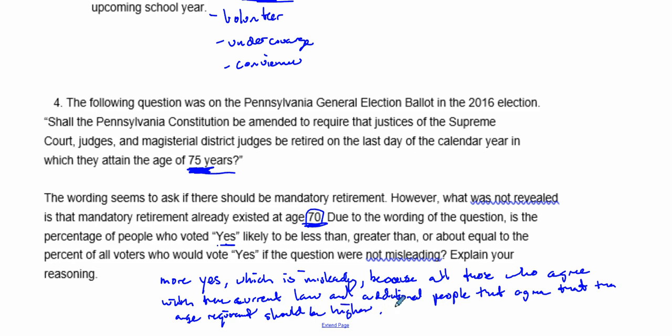That's what we have there. So that's what I'm guessing is going to happen. I think it's going to be leading. I think it's going to be more people saying yes, which is going to raise the age limit, even though maybe some people think that it should be lowered.